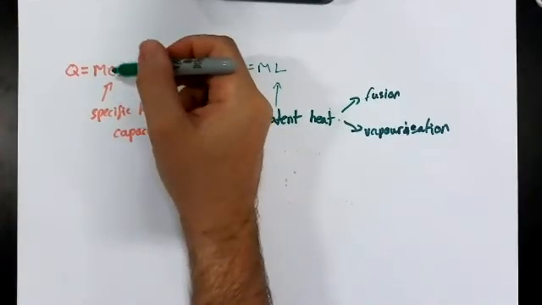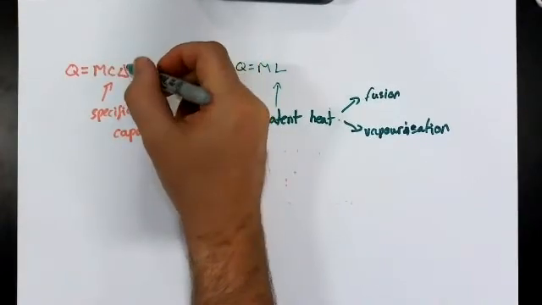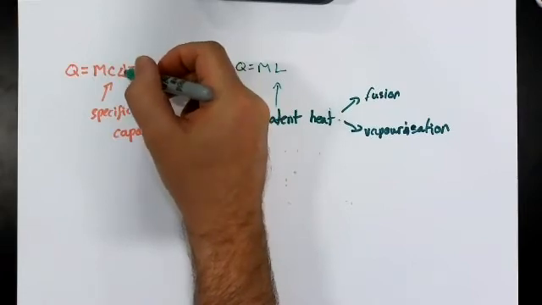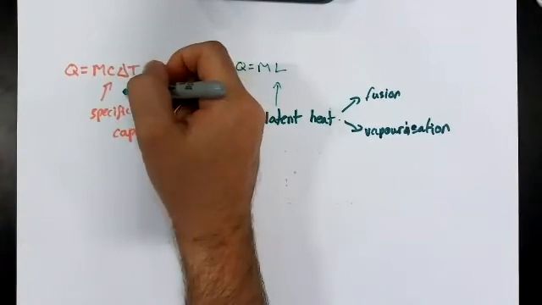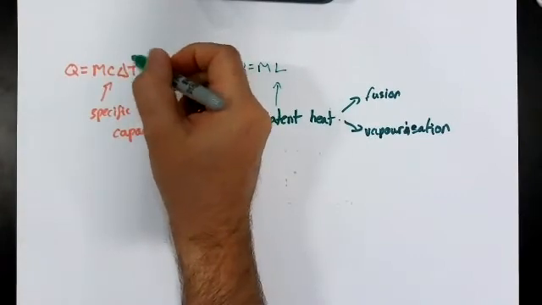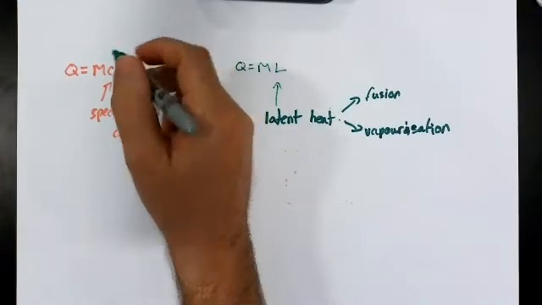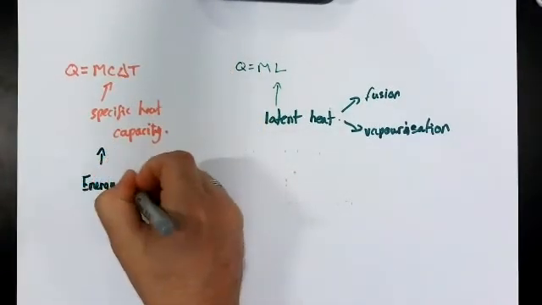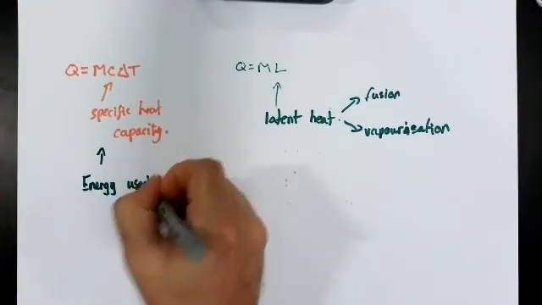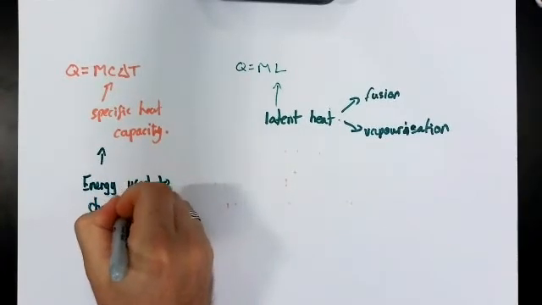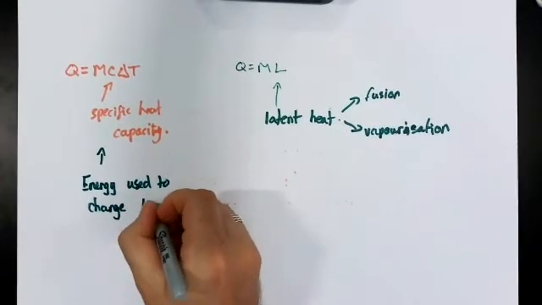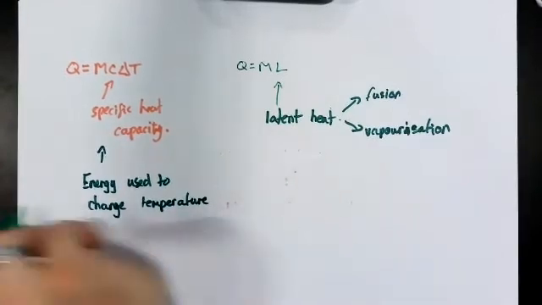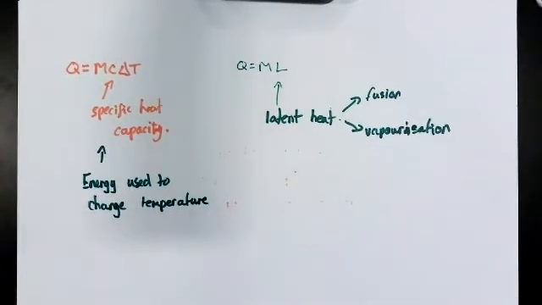So in this case here, this gives you an indication, this is the amount of change in temperature. So this equation is all about the energy being used to change its temperature. So the energy is being used to change the temperature in this case.